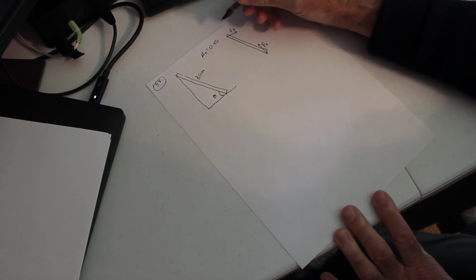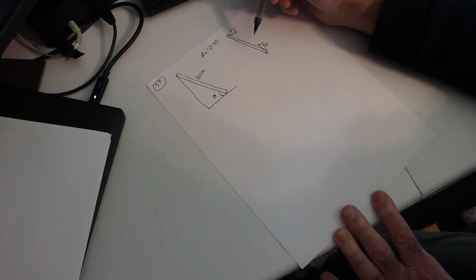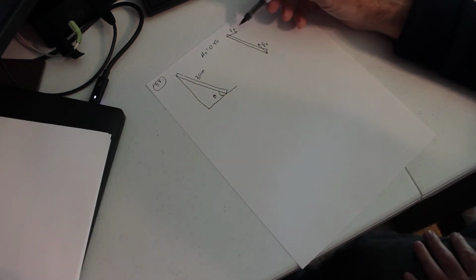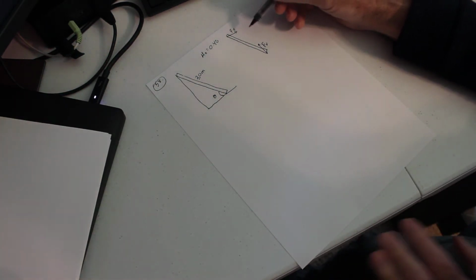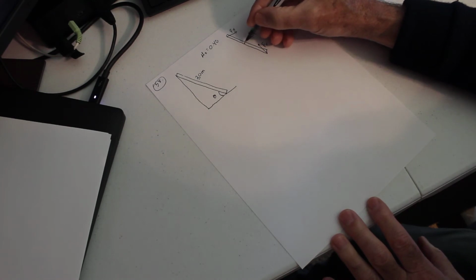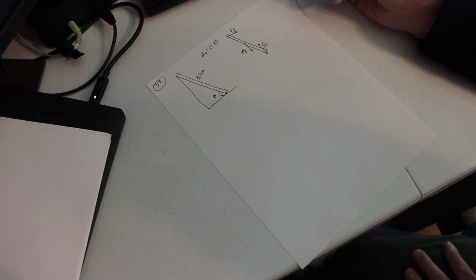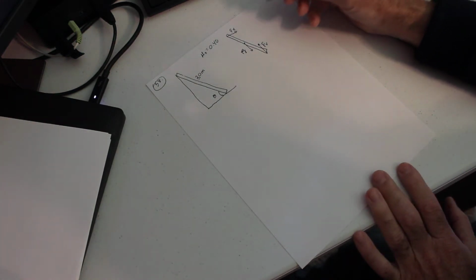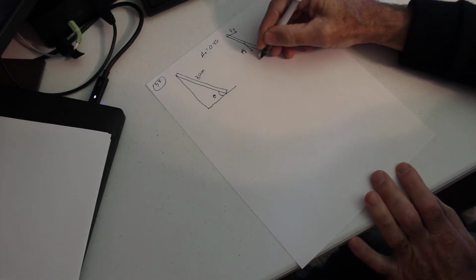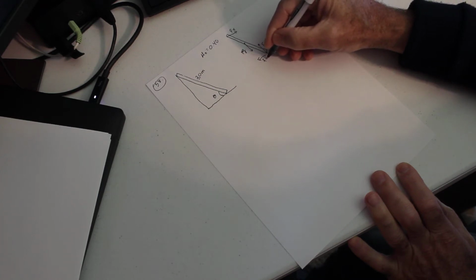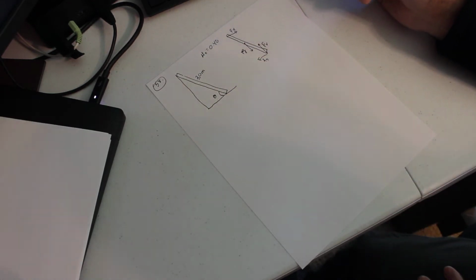Both are technically normal forces from the wall and from the floor, but I'm just going to call them force vertical and force horizontal. Then the weight of the ladder is mg going this way. And what's keeping it from sliding is the friction force going this way, because the bottom of the ladder is trying to slide out like that.